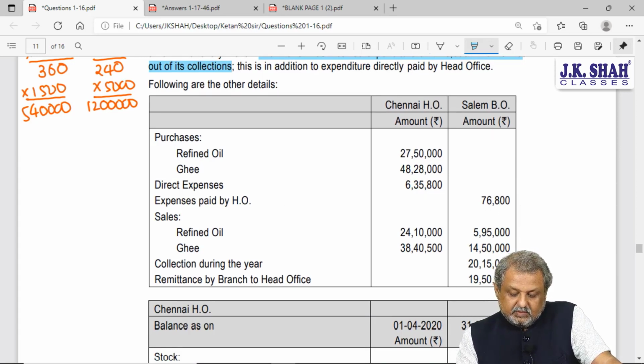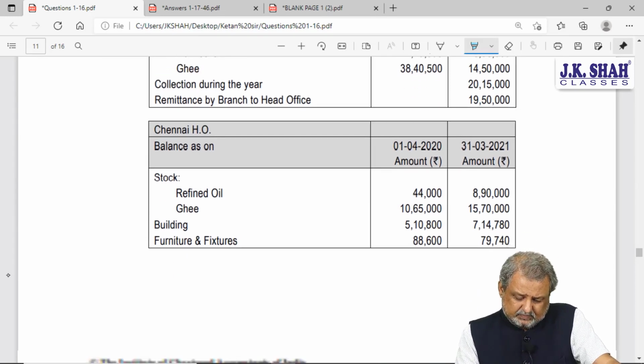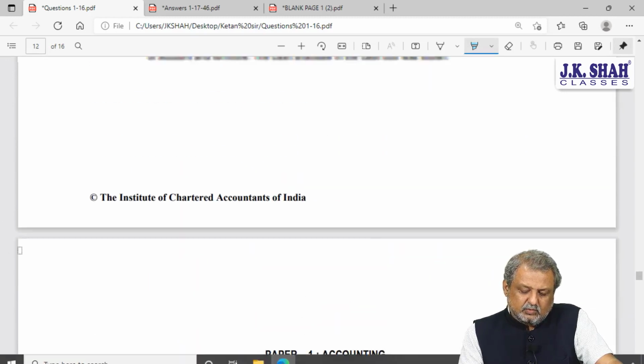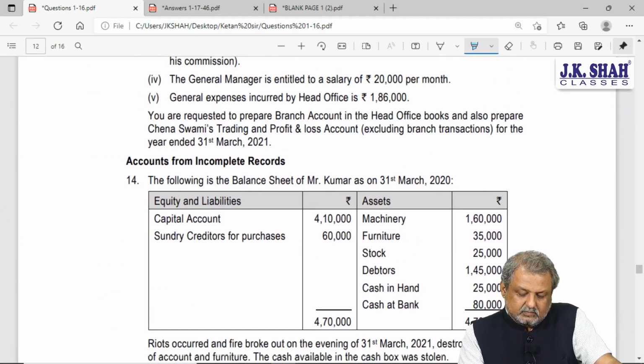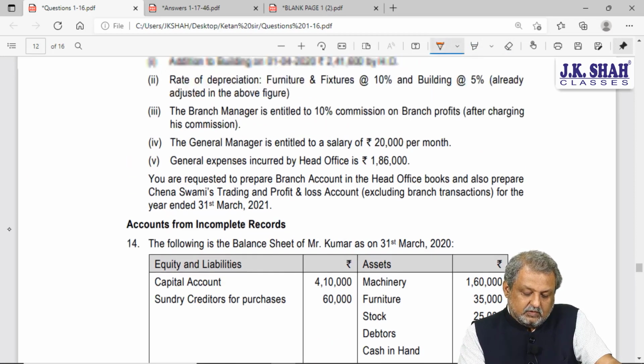Expenses paid by HO. Then sales are given. Collection during the year is given. Remittance by branch to head office is given. Okay. Then head office balance, you are given opening and closing balances. Similarly, branch also opening and closing balances are given.